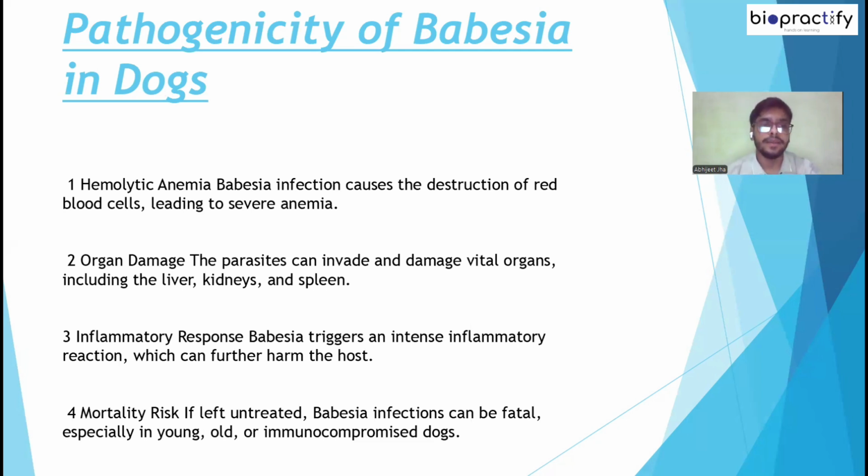And third point is inflammatory response. Babesia triggers an intense inflammatory reaction, which can further harm the host. And fourth point is mortality risk if left untreated. Babesia infections can be fatal, especially in young, old, or immunocompromised dogs.